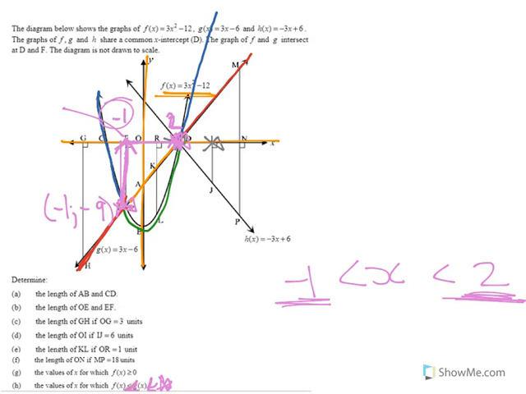We need g to be strictly bigger than f. So we're not going to include the boundaries. So that would be my answer. x has to be bigger than -1, but also smaller than 2. In interval notation, that would be x is between -1 and 2, and we're not including the boundaries.